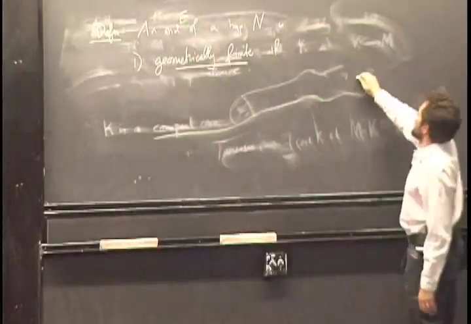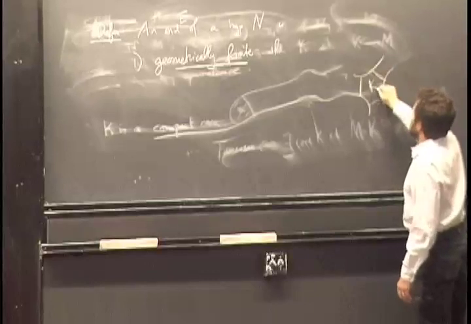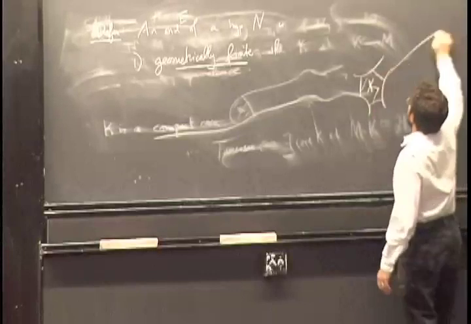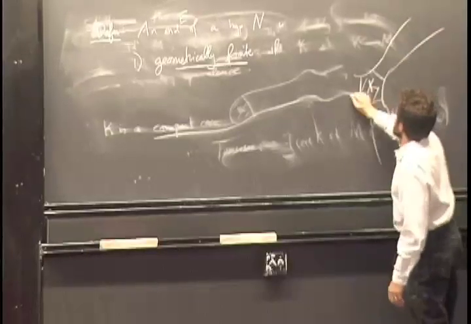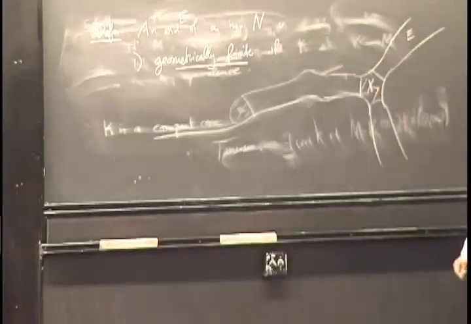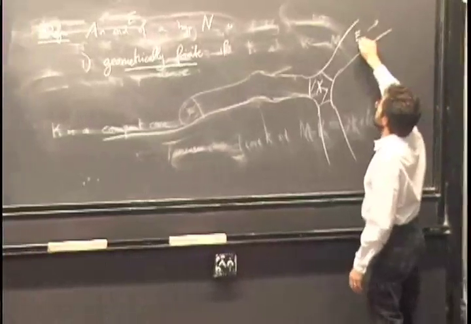I didn't really define an end. You should think of it informally this way. You have this compact core of Peter Scott inside the manifold, and it divides the manifold into a bunch of non-compact pieces, and each one is called an end. That's roughly the idea of an end. An end is really an equivalence class of such things, but it's a direction to go to infinity, and this is the thing we're trying to analyze.